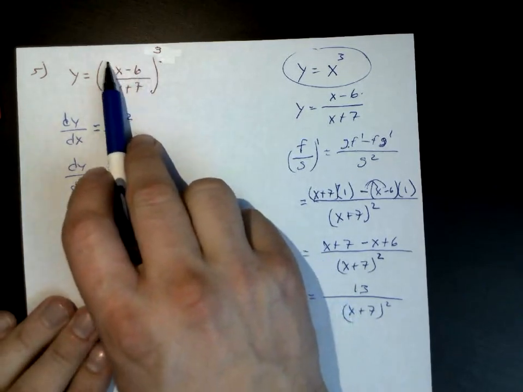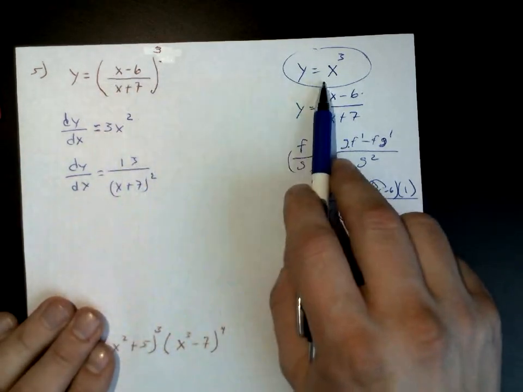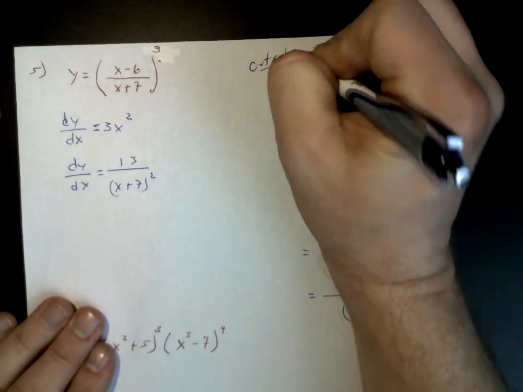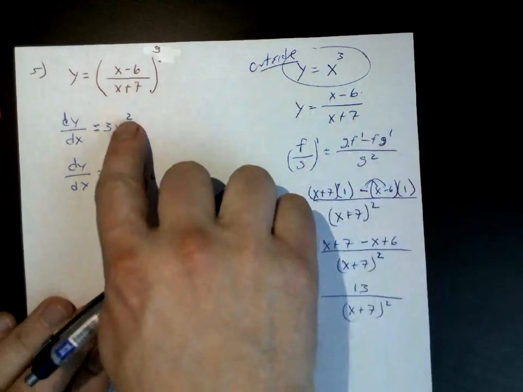So here we go. What is the derivative of this? Well, you're going to take this one. This is the outside. That's the outside. So we're going to take that derivative, which is this.